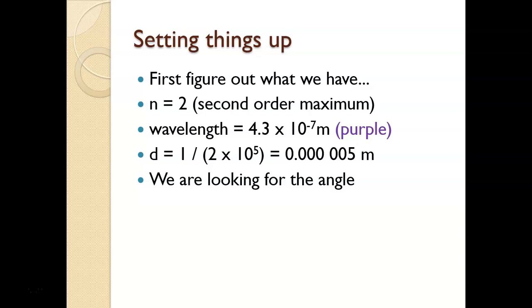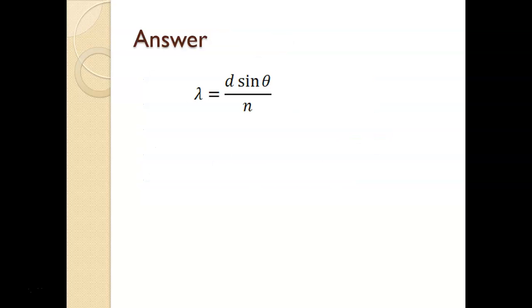Now let's take a look at what we have there. Again, we know that this wavelength is purple, and d is actually 1 over 2 times 10 to the 5, or 0.000005. And again, we're looking for the angle. So we're using this formula. That's the one that will work.